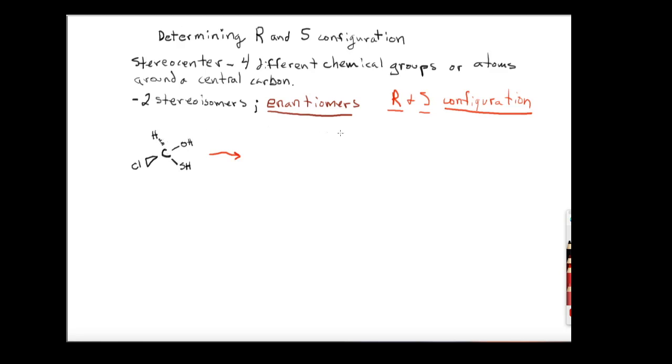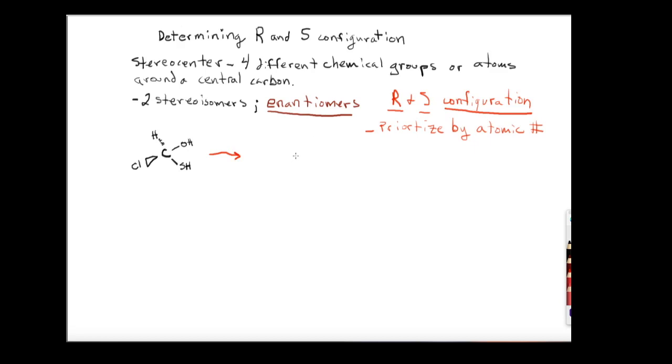We're going to prioritize by atomic number to start with. In this case, the Cl is 17, the S is 16, the oxygen is 8, and hydrogen is 1. So I'm going to take the molecule and rotate it so that the hydrogen is back.